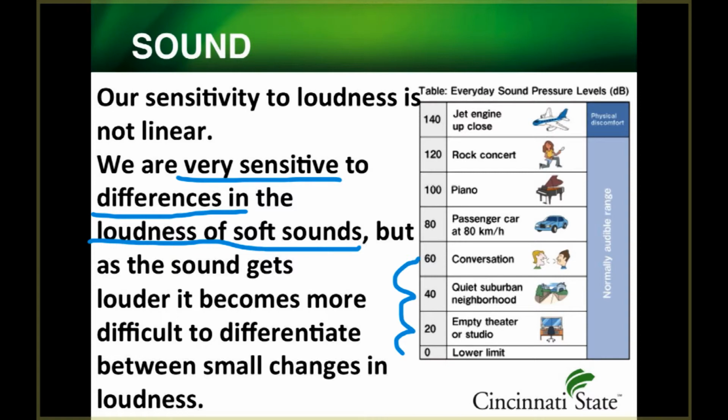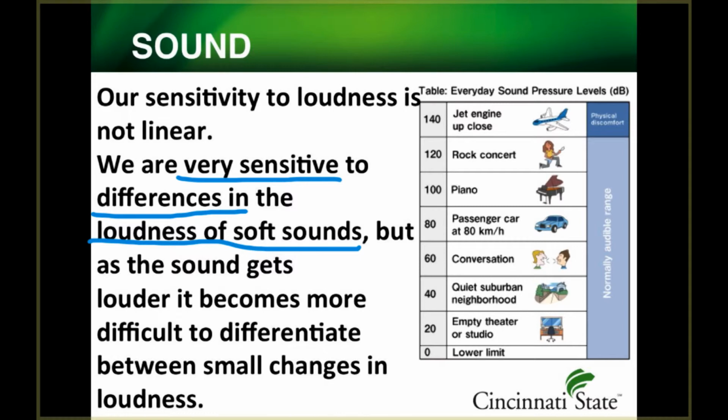So if you're in a very empty theater where everyone's talking like a whisper, on up to walking around a quiet neighborhood to a conversation, as things get moderately louder and louder, you'll notice those increments as they happen.